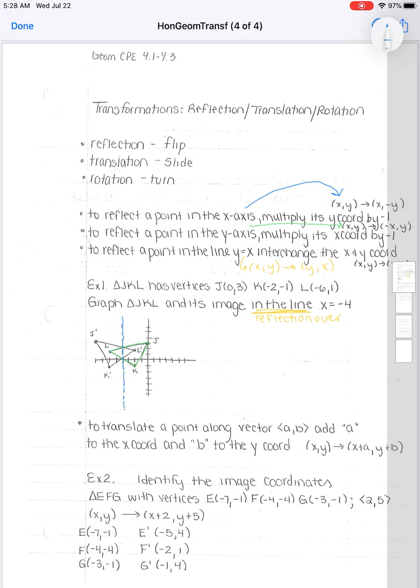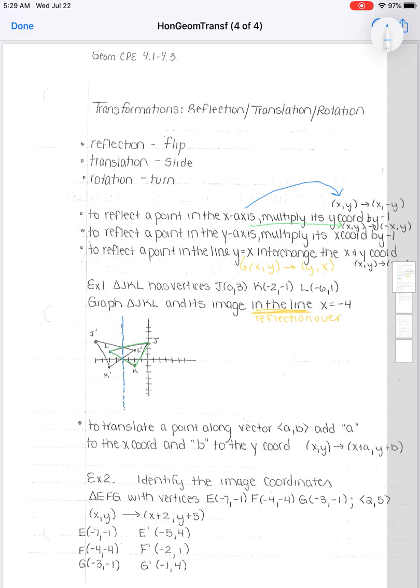So you say, okay, well, how far is L away from that blue line? Well, it's 2 units to the left of that blue line, which means if this is a mirror image, it needs to be 2 units to the right of that blue line. J would be 1, 2, 3, 4 units away, which means if it's 4 units away on the right, it needs to be 4 units away on the left, and you create your new point.